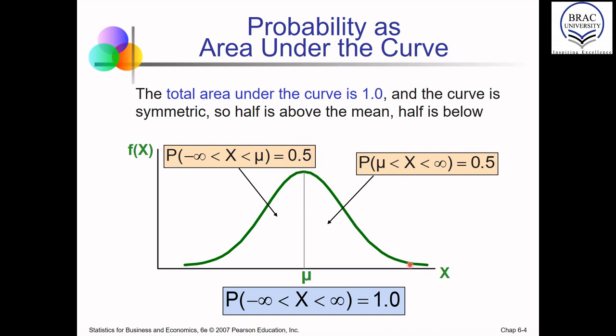And on the right hand side, starting from the mean to plus infinity, are the remaining 50% of your probabilities. So 0.5 probability lies over here, and a total of 0.5 probability lies over here. The two sides together make up your total probability of 1.